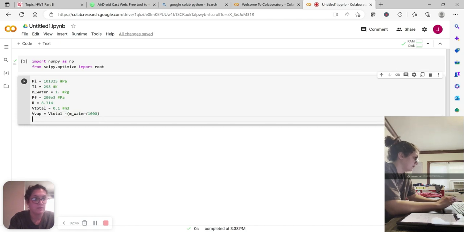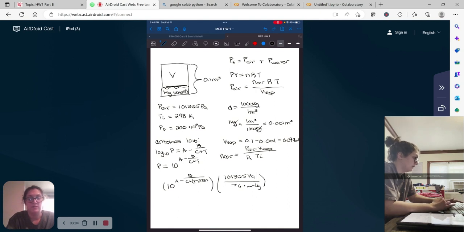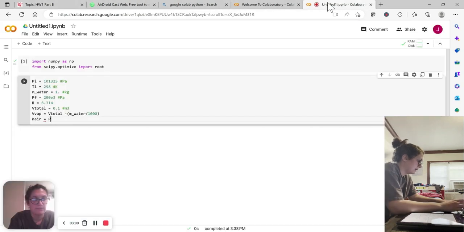So that was one of the unknowns that we had to solve for, and the other one was the moles of air. So we can go ahead and take a look at what that equation was. So that was over here. So that was the pressure times the volume over the constant times the initial temperature. So we can go ahead and enter that over here.